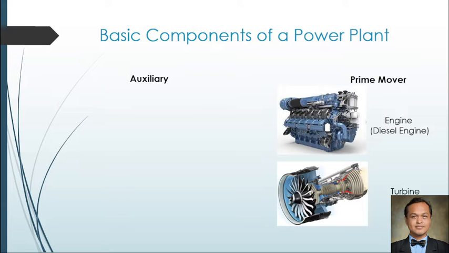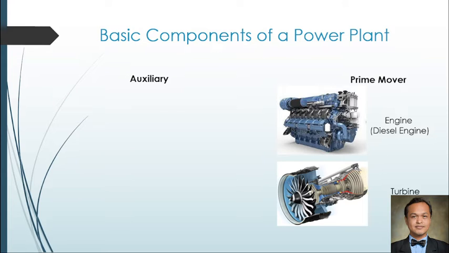These auxiliaries are systems or machines that ensure the prime mover runs smoothly. All the requirements for the prime mover to run smoothly will be met by the auxiliary.